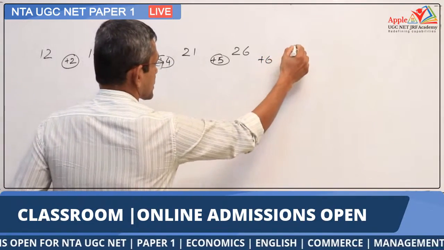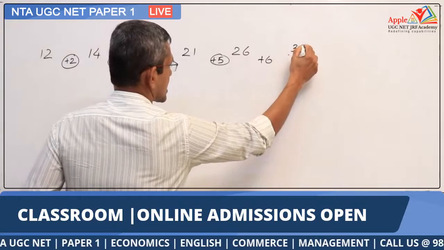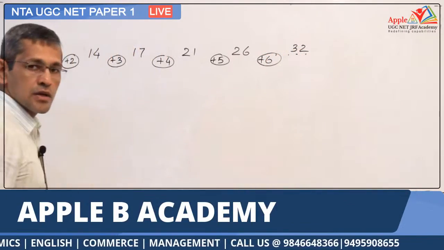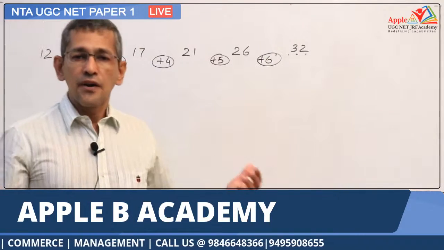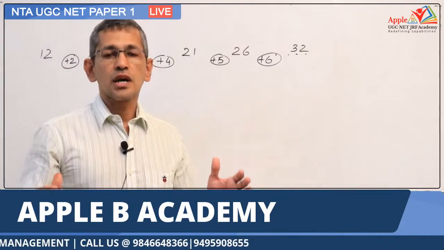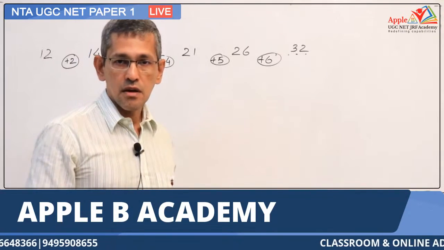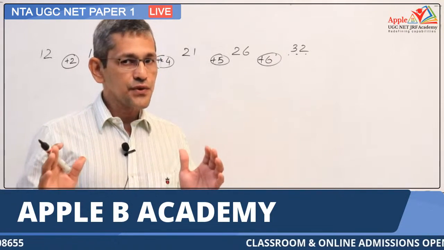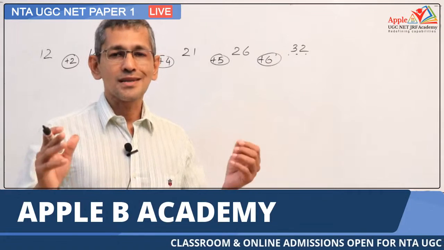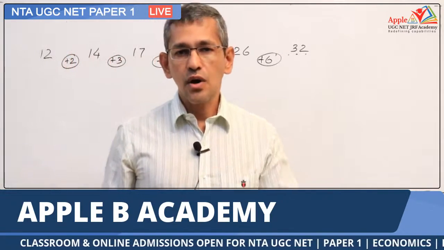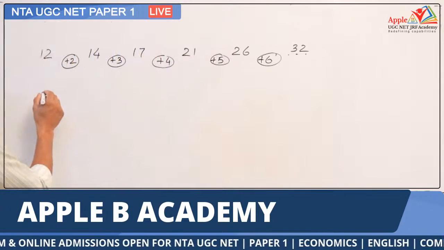So the answer for this one must be 26 plus 6, 32. That is a pretty simple example. Unfortunately, we cannot really expect those kind of questions for the exam because that's too simple for the exam. However, that will give you a pretty clear idea about what exactly a number series or number pattern type of question is.